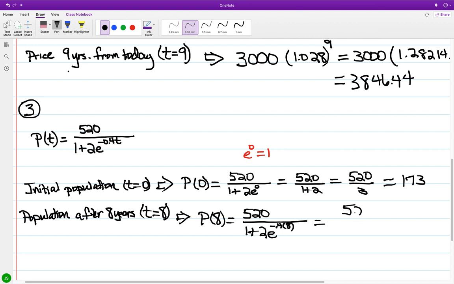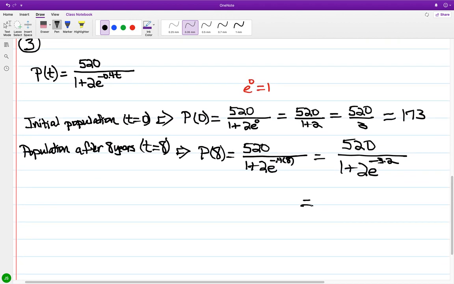So we're going to have 520 all over 1 plus 2 times e to the power of negative 0.4 times 8, and this will be negative 3.2. So we have 520 all over 1 plus 2 times e to the negative 3.2.